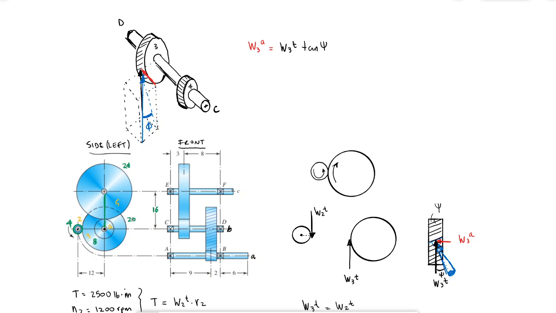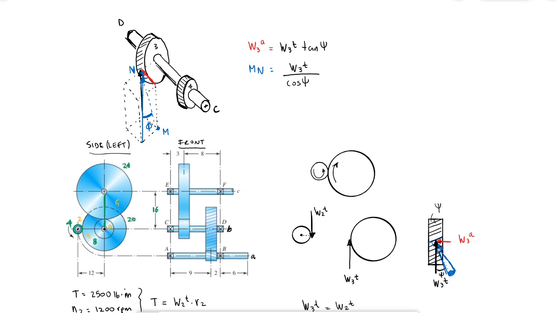And I can just label this. I'm going to label the dashed blue line. So if I have this as whatever, mn would be equal to W3 tangential over cosine of psi.